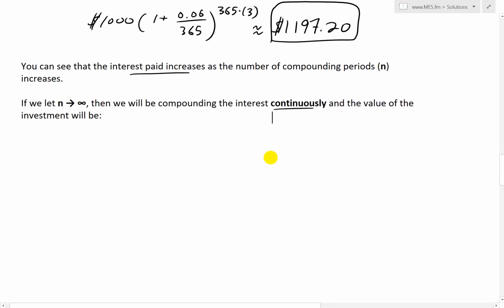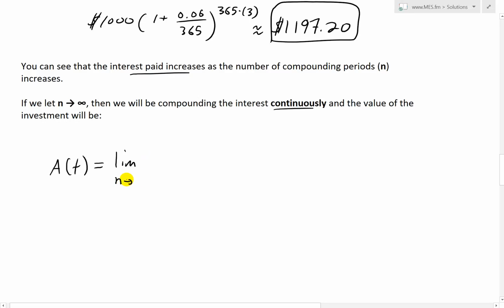So if we're literally compounding interest every possible time that it's available, and that's with this concept of infinity, then the value of the investment will be, well, we'll call A of t the value of the investment after t years, and this equals the limit, because we're compounding it however many times a year.